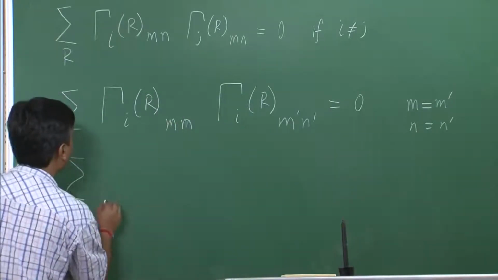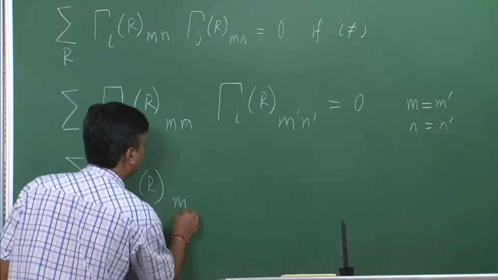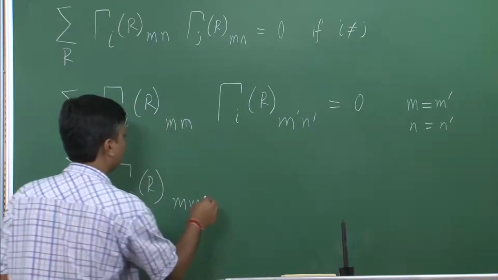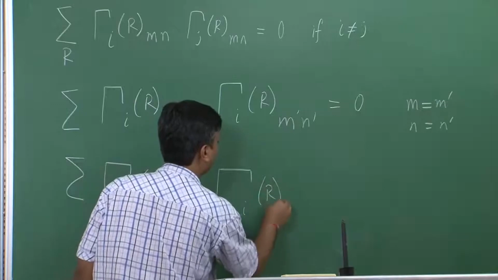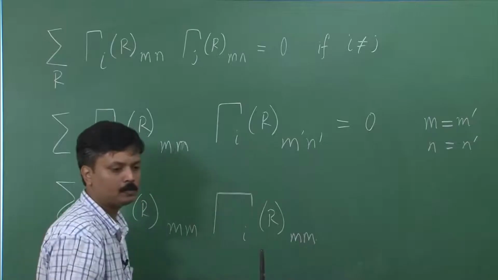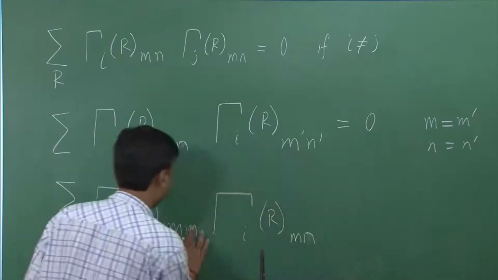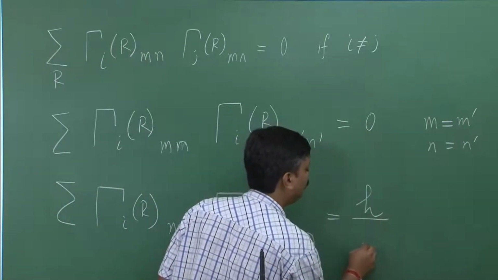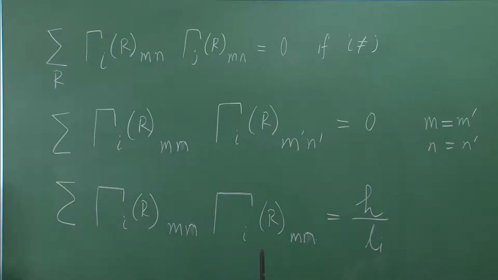thirdly, gamma i r, this will give me the value of h by li. All right.